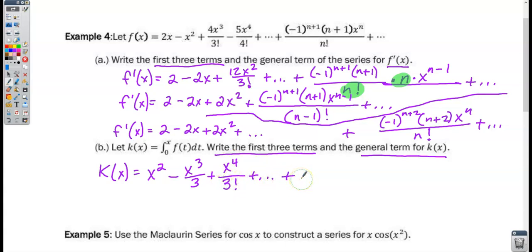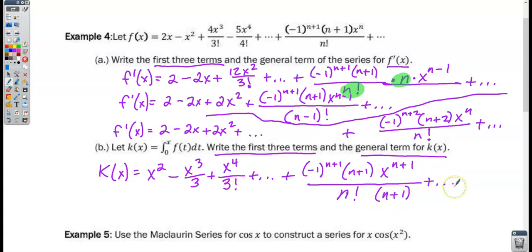And my general term, all the constant stuff stays the same, but for the x to the n, I go up by a power, and I divide by that power. All right, now cleaning up my general term, these two things cancel each other out.